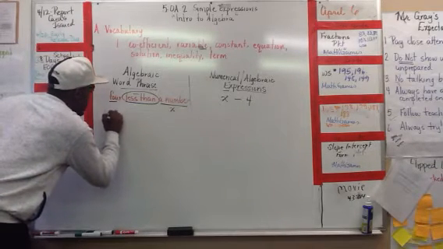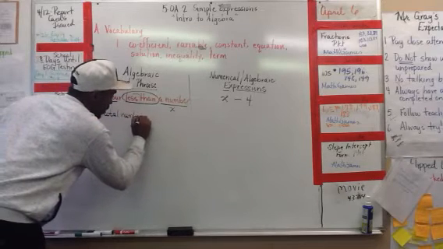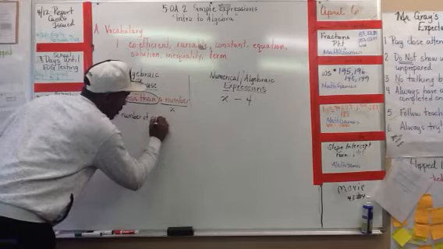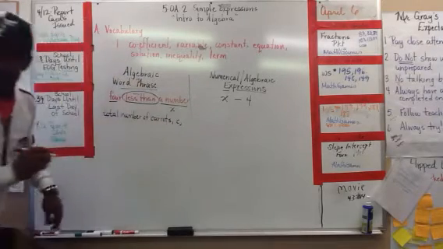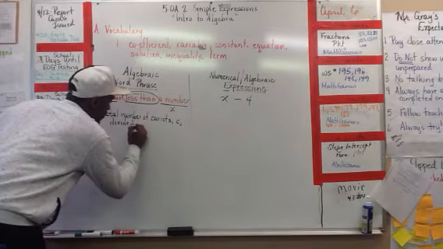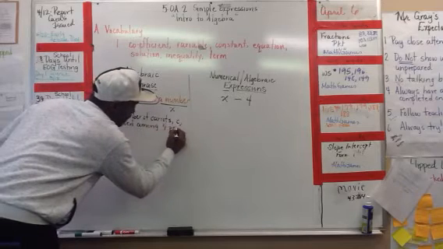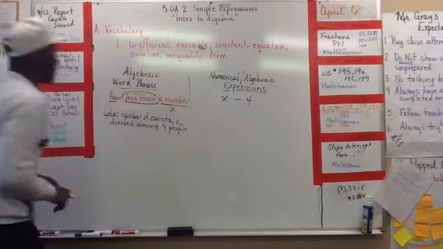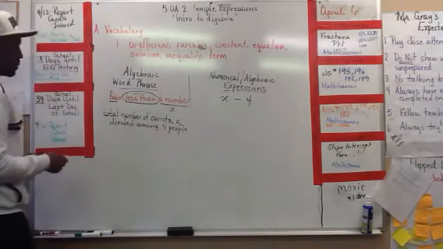Total number of carrots divided among 4 people. Read this phrase: total number of carrots, C, divided among 4 people.